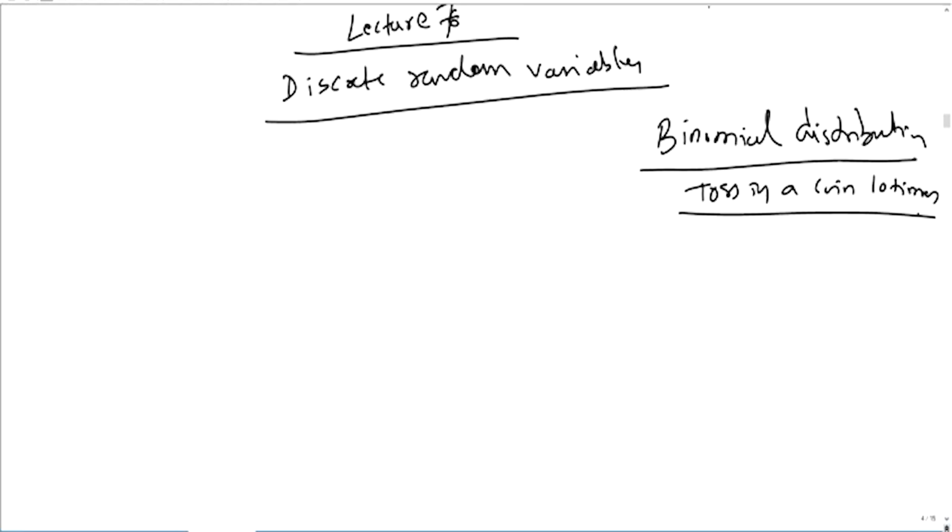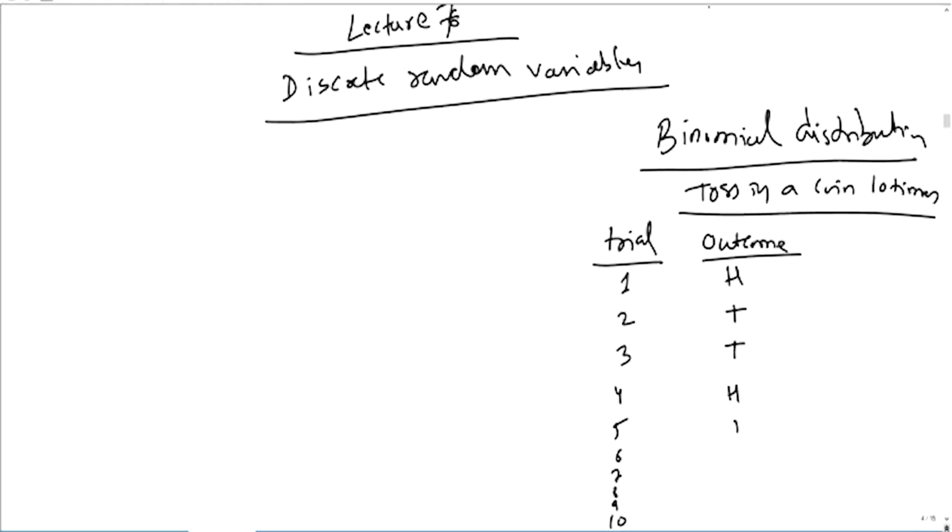What happens in such an example? You can write a trial ID here: trial 1, 2, 3, 4, 5, 6, 7, 8, 9, 10. You can write the outcome here. What could be the outcome? Let's say either heads, tails, tails, heads, tails, tails, heads, heads, heads, right?